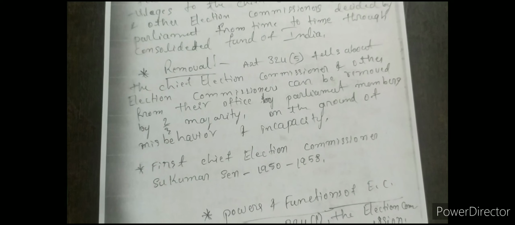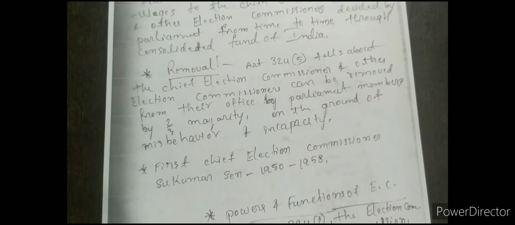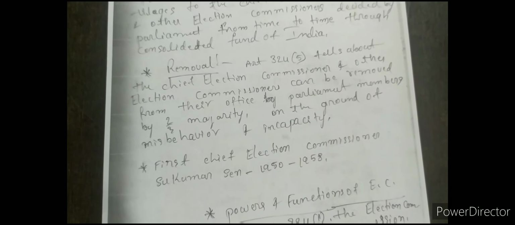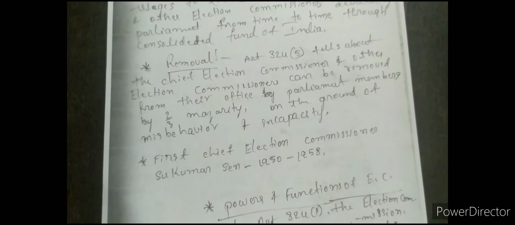The first Chief Election Commissioner of India was Sukumar Sen, from 1950 to 1958.